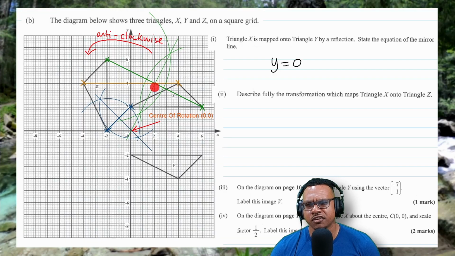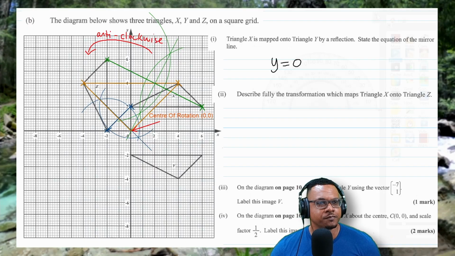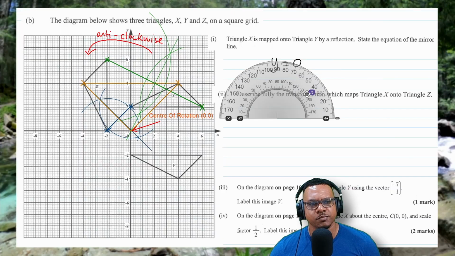Since I already have blue and green with the bisectors, I'll use brown. I'll connect this point here in brown to my center of rotation, and then from my center of rotation to this point here in brown. Now I'll measure the angle here. Just visually, this looks like 90 degrees, but I'll get my protractor and just make sure.